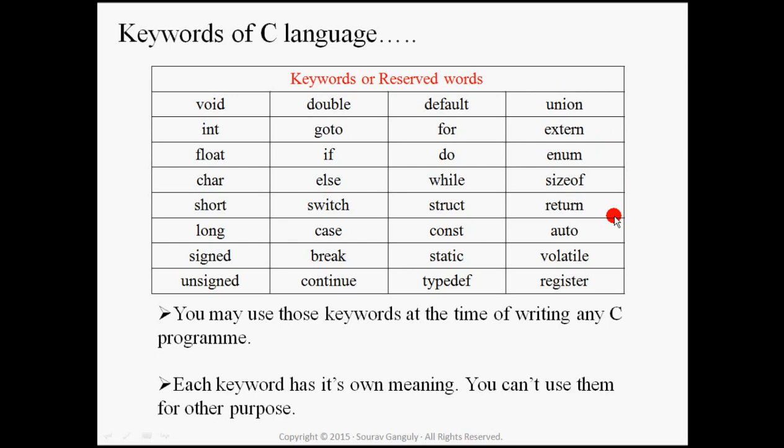In a later section, we will see that int, float, char are kinds of data types which tell the compiler what type of value we want to store and use. You may use these keywords at the time of writing any C program, and each word has its own meaning. You can't use them for any purpose other than their own.